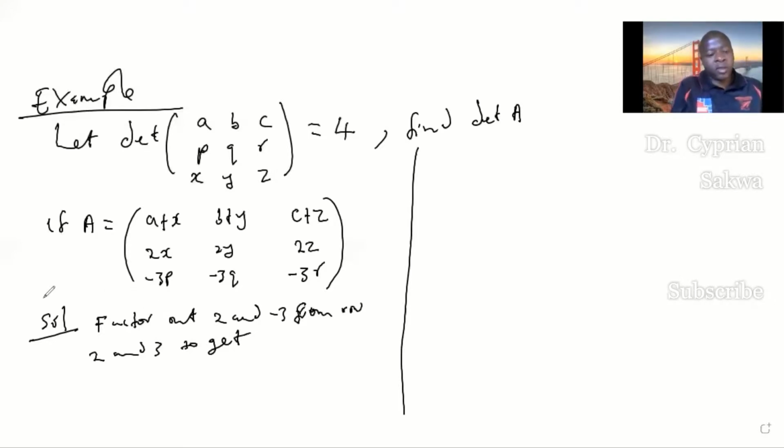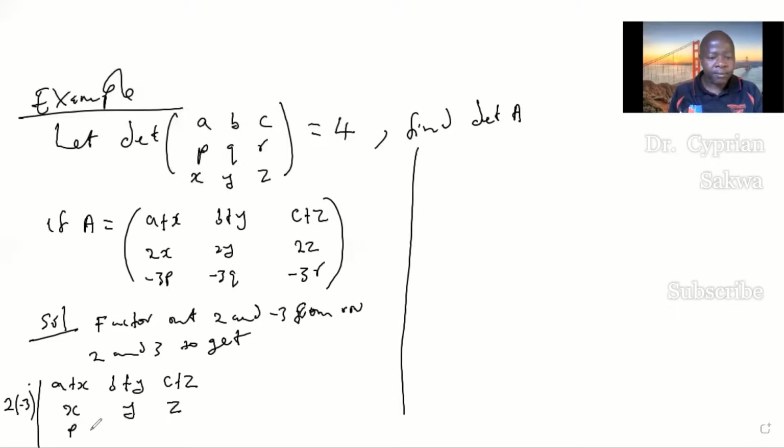When you factor out, you find that the determinant of A would be, I factored 2 and negative 3 out, so what I'm left with is A plus X, B plus Y, C plus Z; this is X, Y, Z; and this one is P, Q, R.